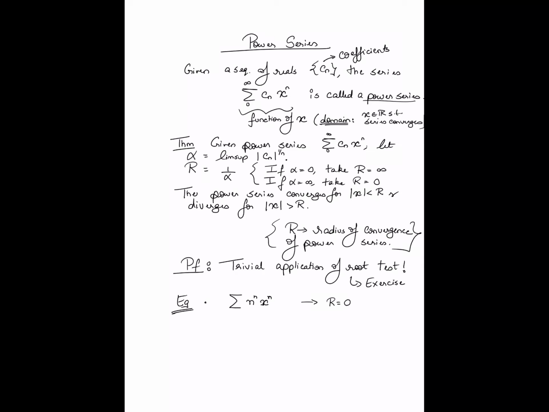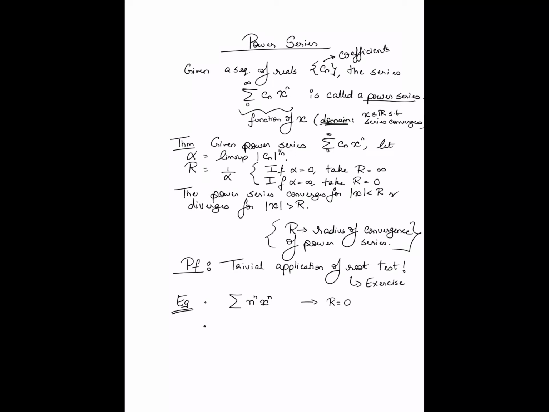The fact that r is 0 implies that, well, for no non-zero value of x does this series actually converge. In this particular case, the coefficients grow so fast that for any non-zero value, for x equal to 0, of course, any power series converges for x equal to 0, right? But for no non-zero value of x does this series converge. And that is in fact indicated by the fact that its radius of convergence is 0.